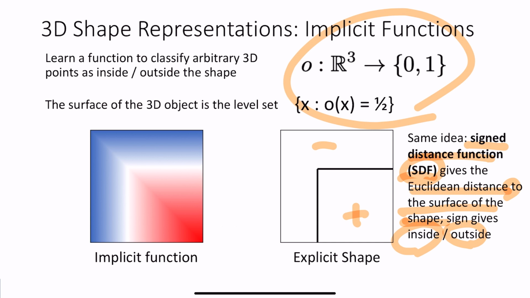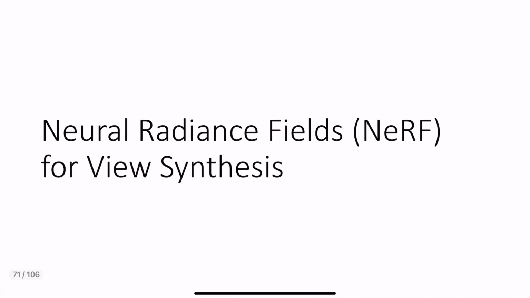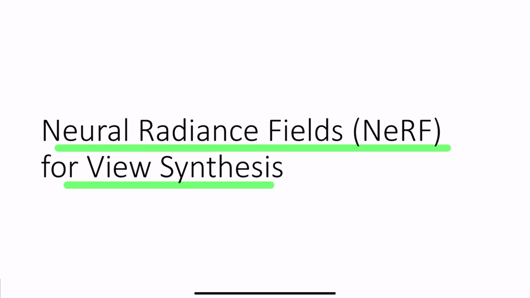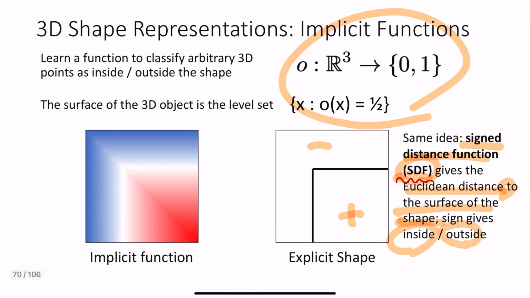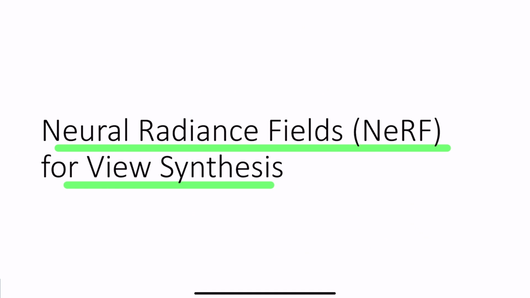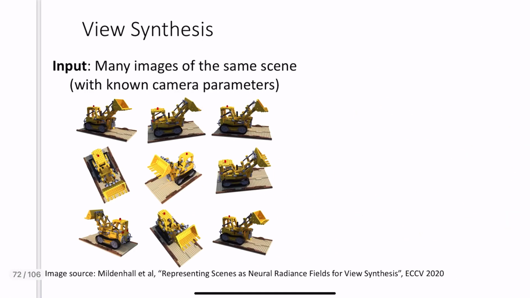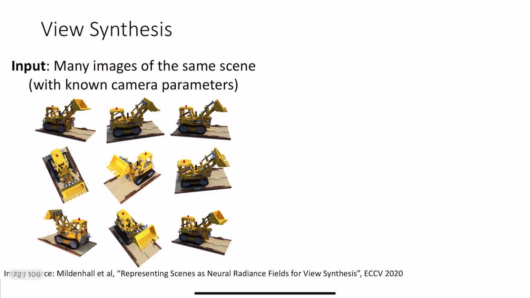In other words, SDF is another kind of implicit function. And today's topic is another implicit representation, but more popular compared to the previous implicit functions like SDF. So from now on, let's talk about NeRF, the neural radiance field for view synthesis.